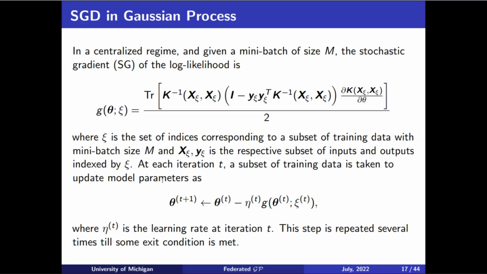At each iteration t, a subset of training data is taken to update the model parameters as follows, where eta_t is the learning rate at iteration t, and we will repeat this step several times until convergence.